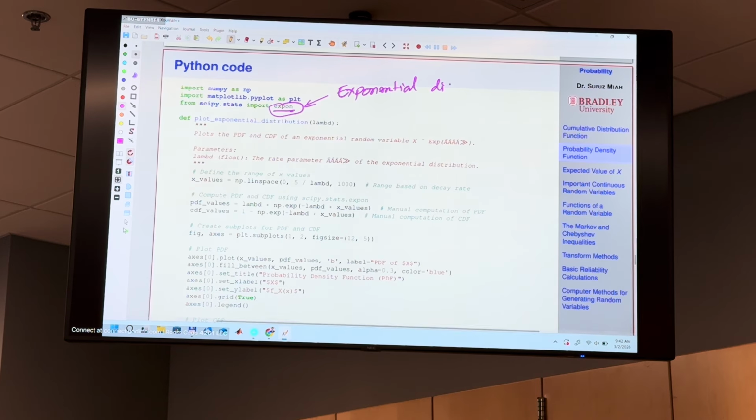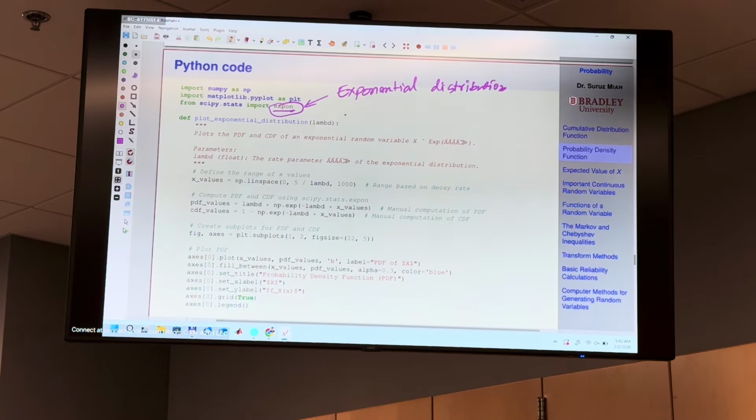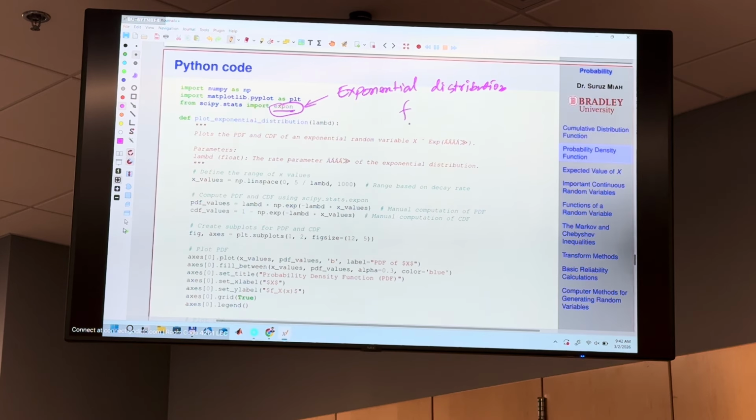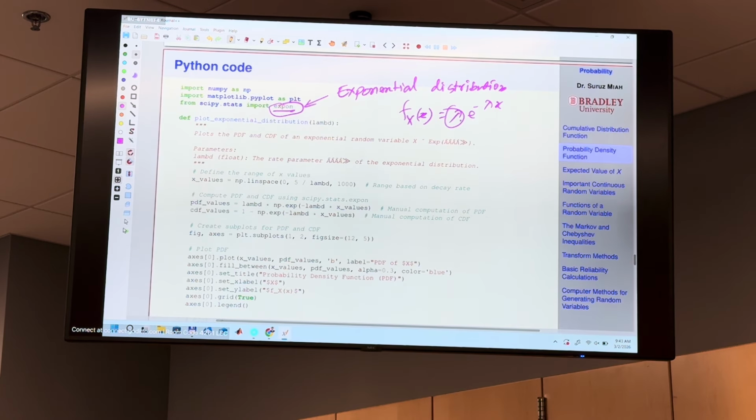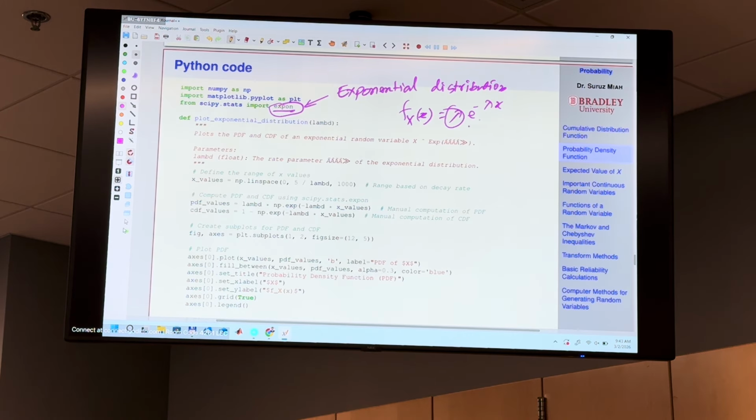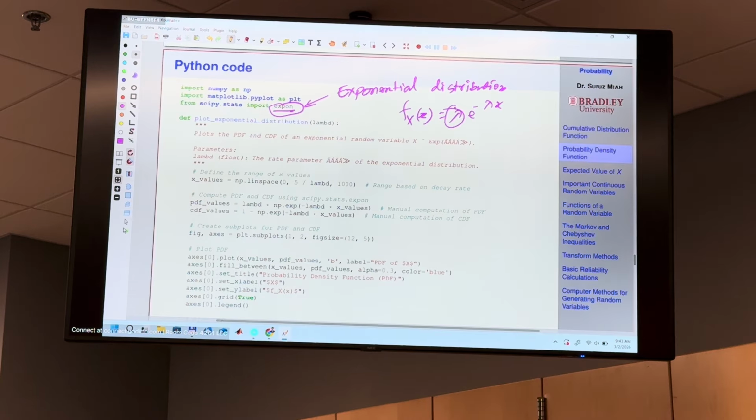For the exponential distribution, you know that the PDF is basically lambda. Lambda is the rate parameter, and it is also the value at the source: when we put in x equals 0, the PDF value is going to be simply lambda.